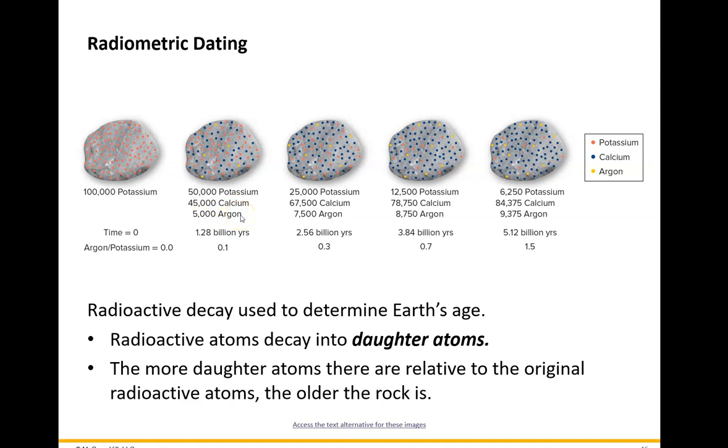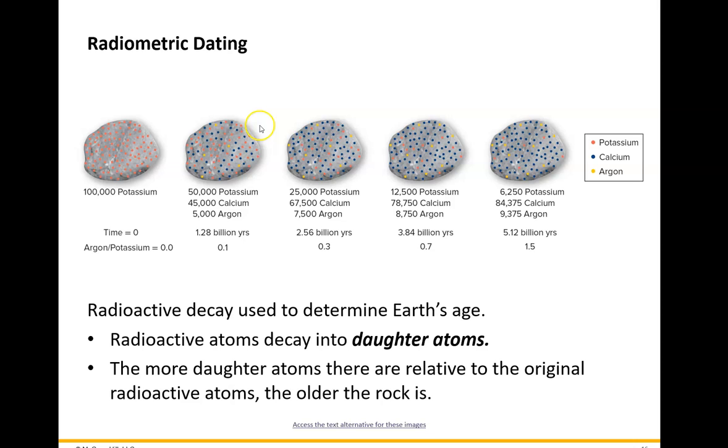So with rocks, for example, you don't normally find argon in rocks, right? Remember, argon is one of the noble gases. Chemically, the noble gases stand alone: helium and neon and so forth. They don't bond with anything chemically.